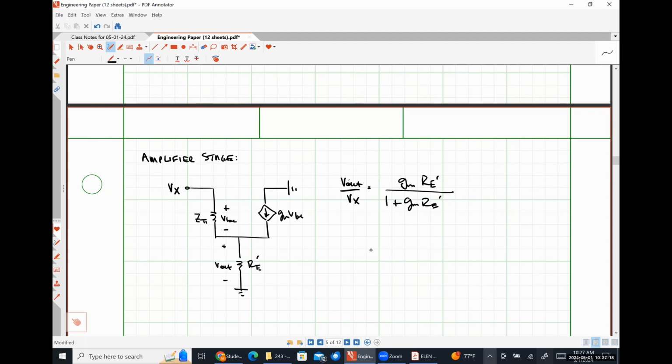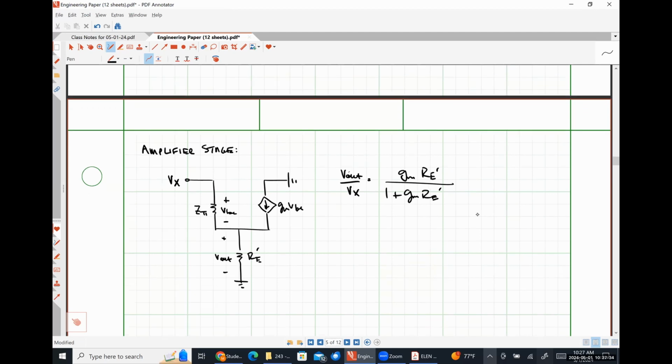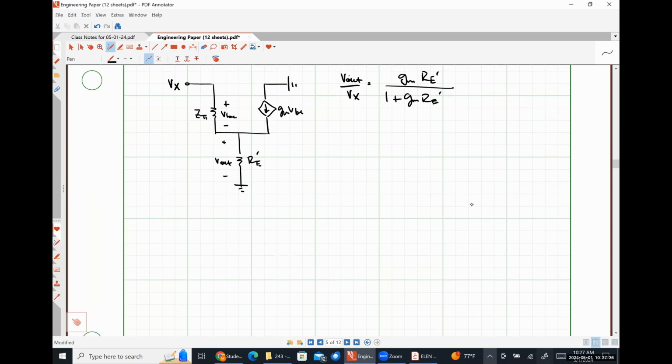We've just got that extra RL in parallel, but that's just going to be some DC thing that's going to lower the gain by some small amount. All right, I don't want to waste your time doing algebra in front of you that's not particularly difficult. Okay, so for the input stage of things, and this is where I'm running out of notes, so we'll probably just set this up and call it a day.